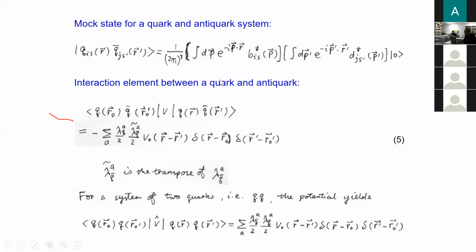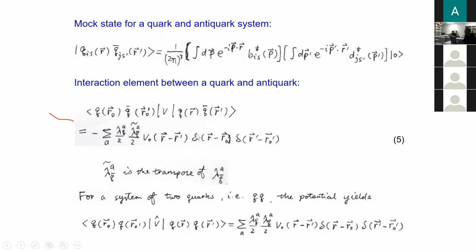To write the QQ bar system in terms of a state, we use this Fock state to describe it, to create a quark and antiquark from the vacuum, and then project the states into momentum space. Then we have this sort of wave function, and the potential itself can be written in this way, which means that only when the potential can connect these two quarks at certain vertices will it contribute to the interaction.